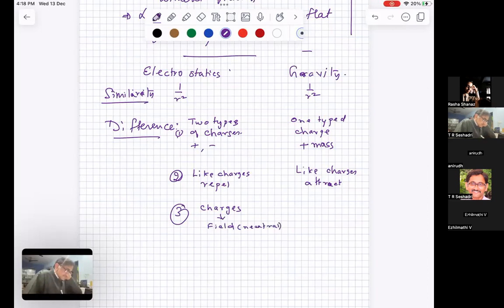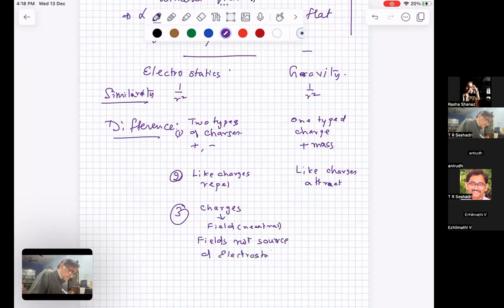So fields are not a source of electrostatics.